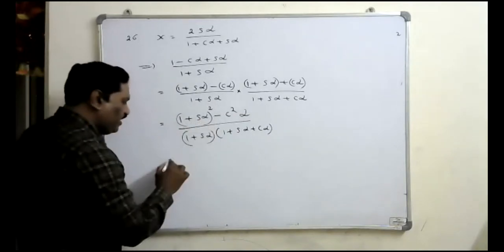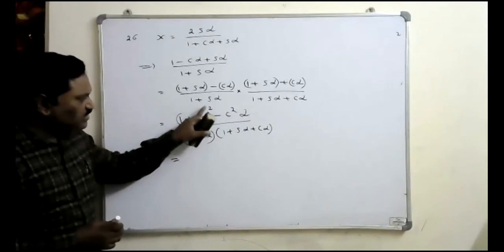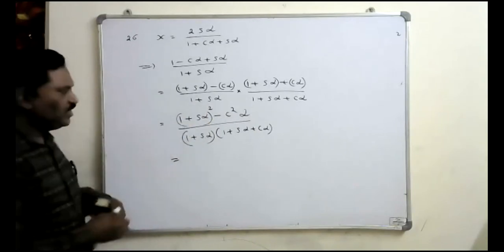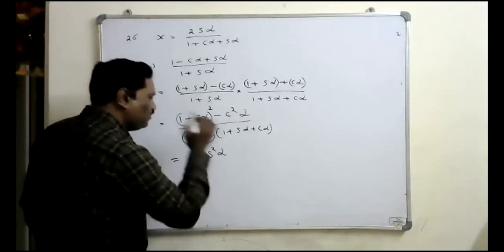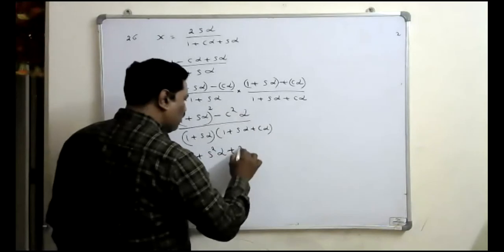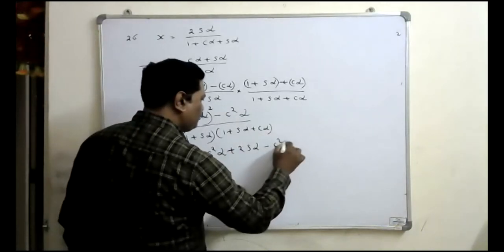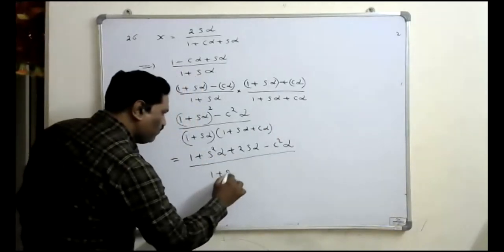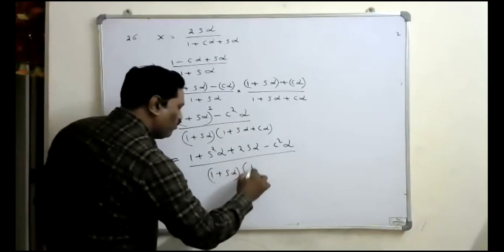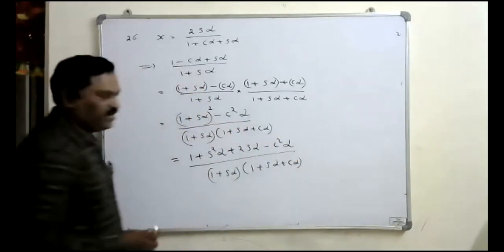Now expand the numerator, which is in the form of (a + b)²: 1 + sin²α + 2 sin α − cos²α, by (1 + sin α)(1 + sin α + cos α). This is what we are getting.